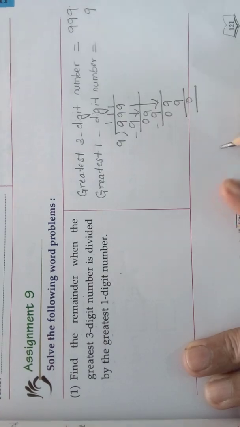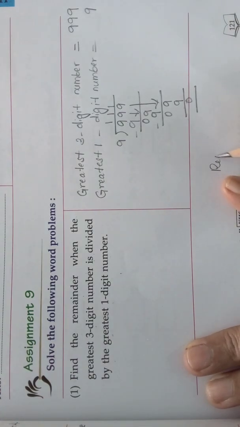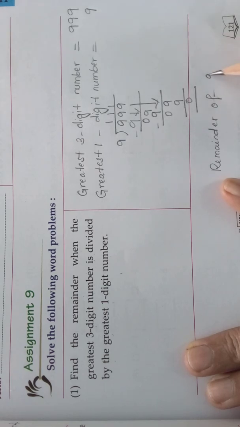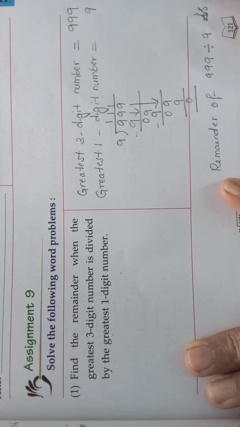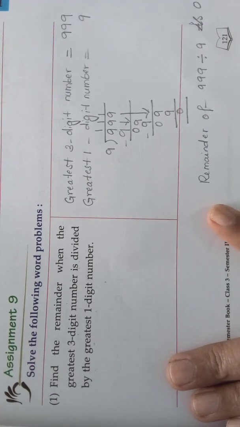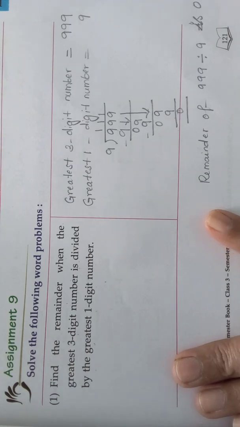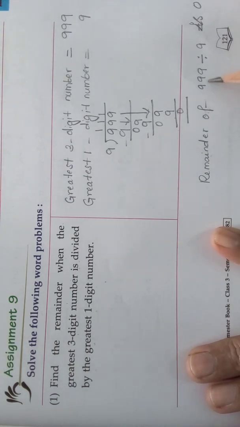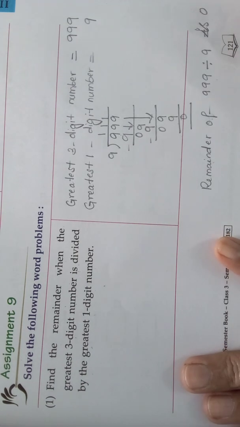So, what is the remainder of 999 divided by 9? It is 0. Understood, children? The remainder of the greatest 3-digit number divided by the greatest 1-digit number is 0.